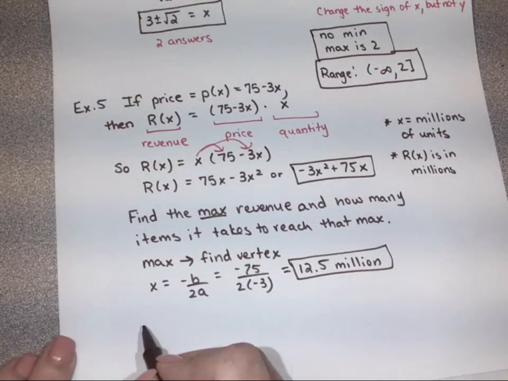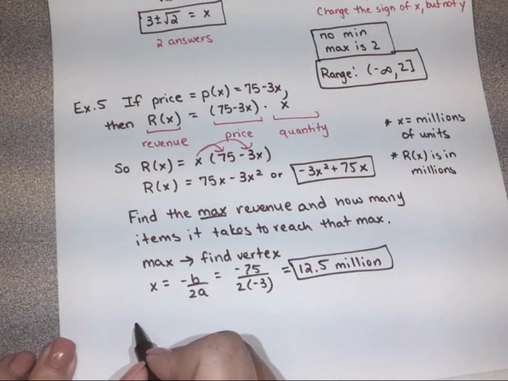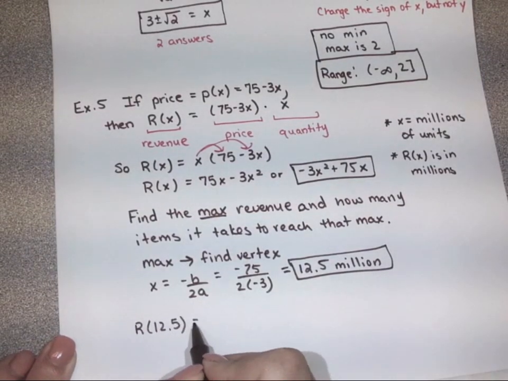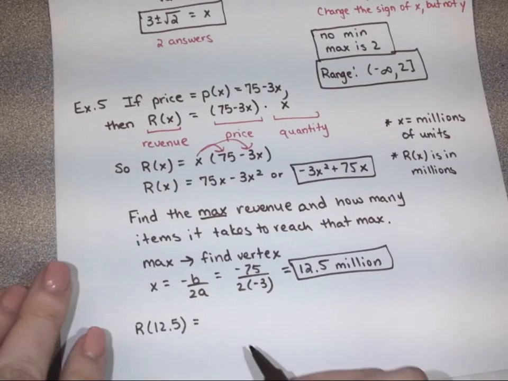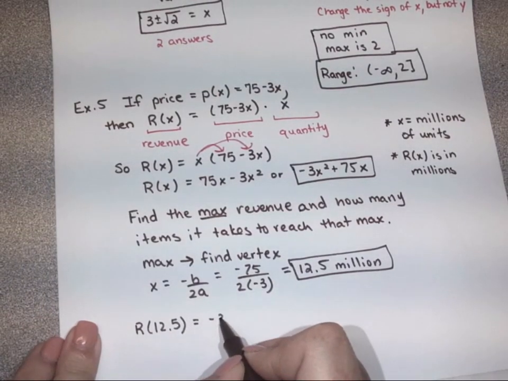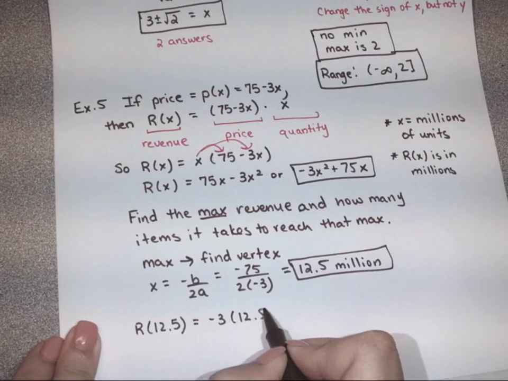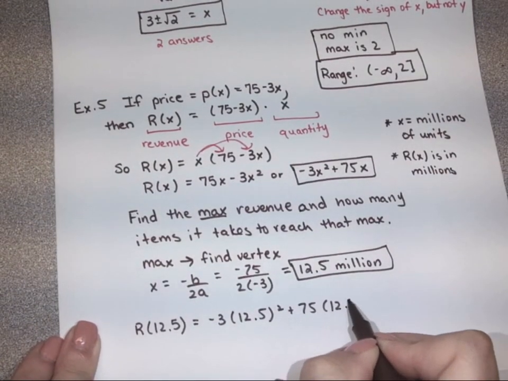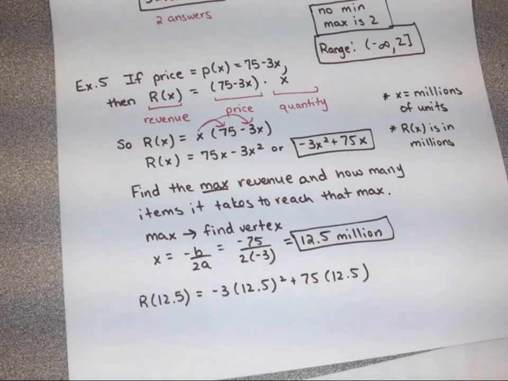And then how would I find the revenue at that quantity? Yeah, I just need to plug it in, right? I just need to find what R is, right? So I just need to find R of 12.5. So I would use my calculator for this, but I've got negative 3 times 12.5 squared plus 75 times 12.5. So let's use our calculator to work that out.